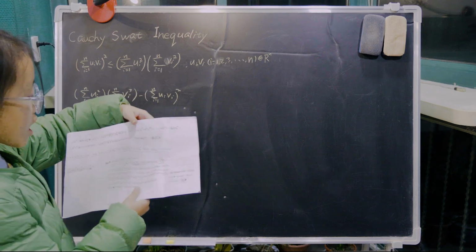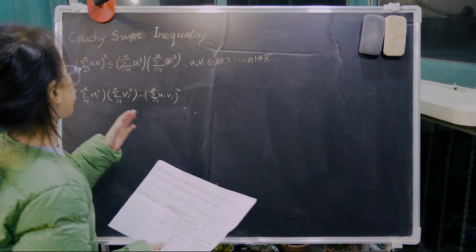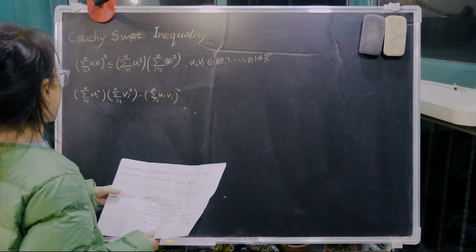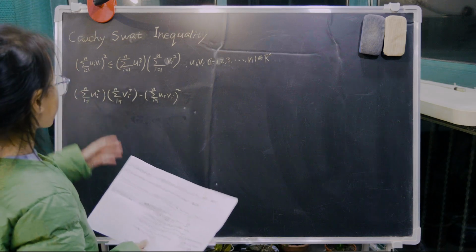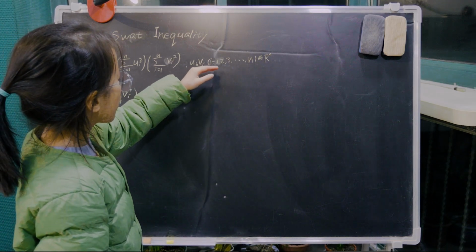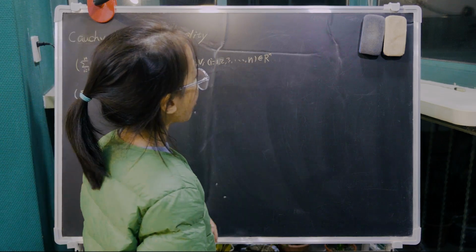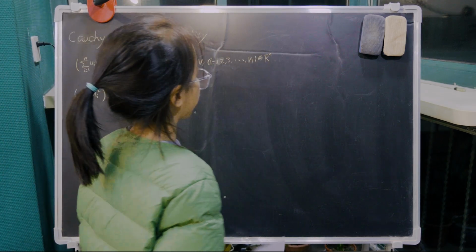I have calculated this before, because right here this is n dimension, because ui and vi with i being 1, 2, 3, 4 to n belong to Rn. That means it's really not just in n dimension.